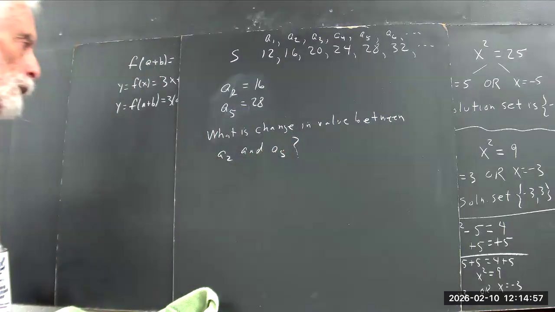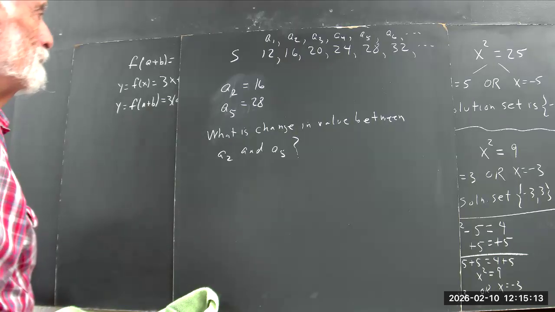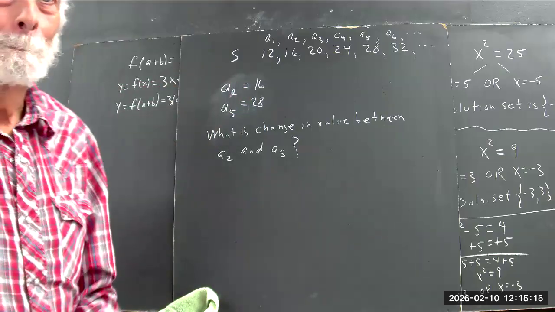what's changed between A2 and A5? Well, it's 22, right?